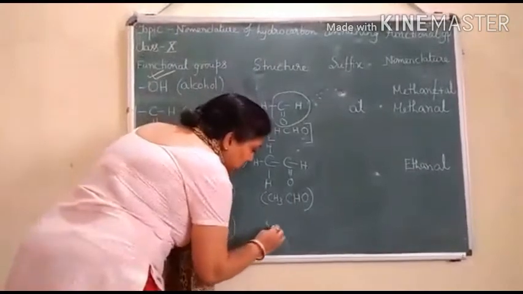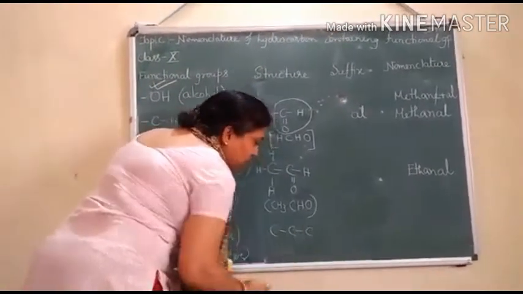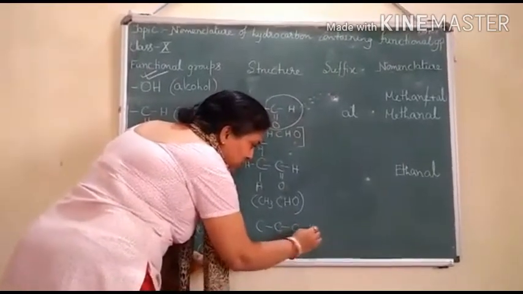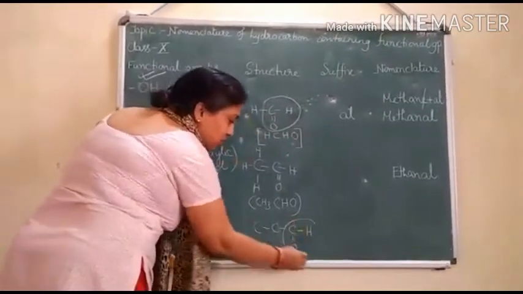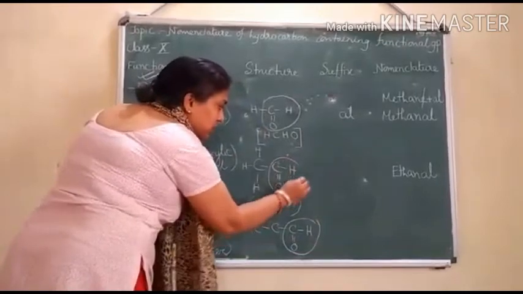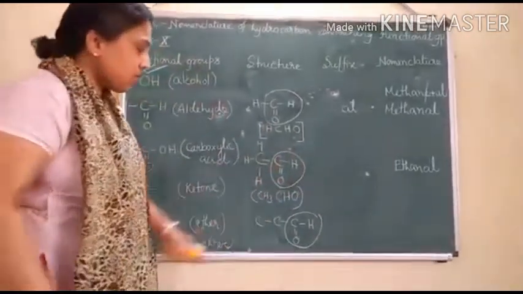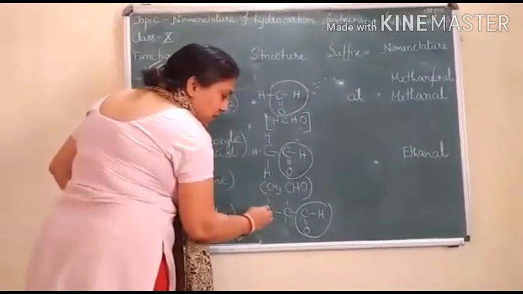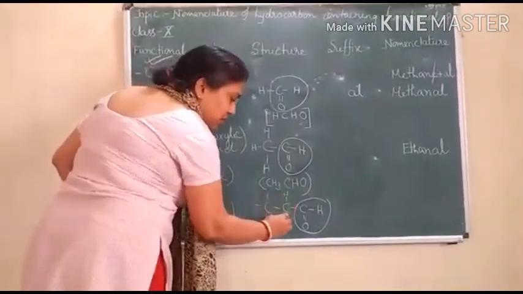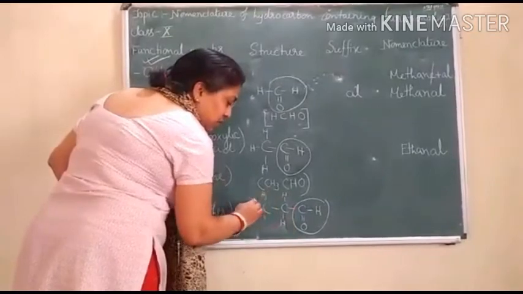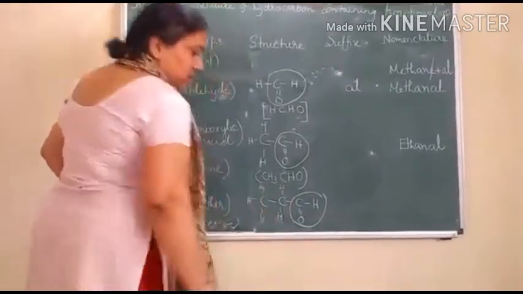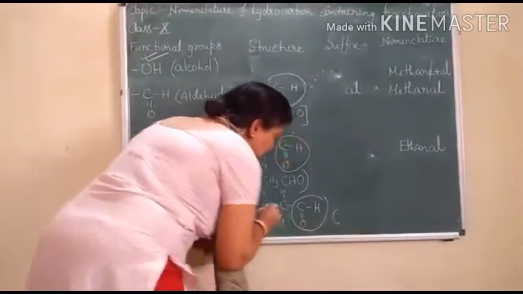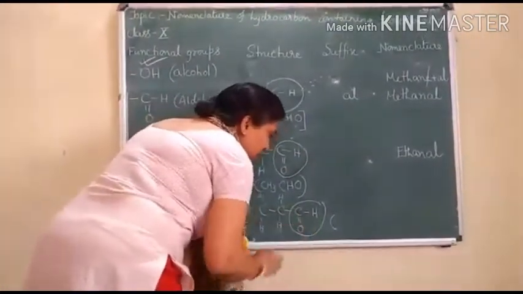Third carbon: again you write 3 carbon, with the last carbon containing the functional group. CHO is the functional group. So these carbons are already satisfied. Satisfy the other carbons with hydrogen. What will be the formula for this? How many carbon? 3 carbon.